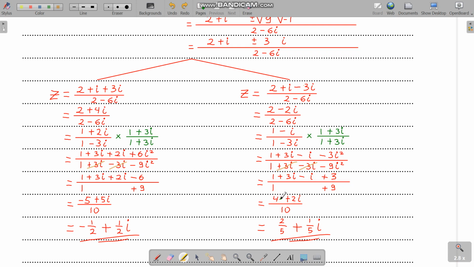So now we just simplify. 4 over 10 is 2/5, 2 over 10 is 1/5, and we have the second solution.